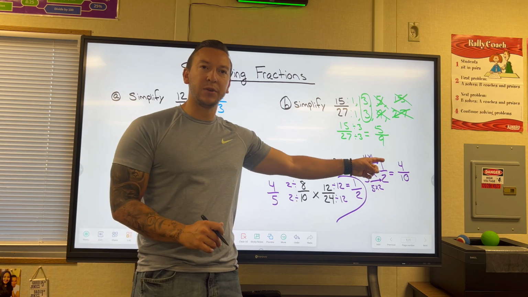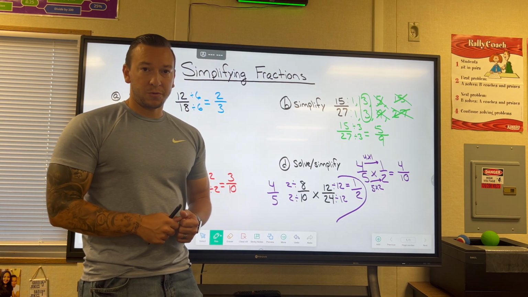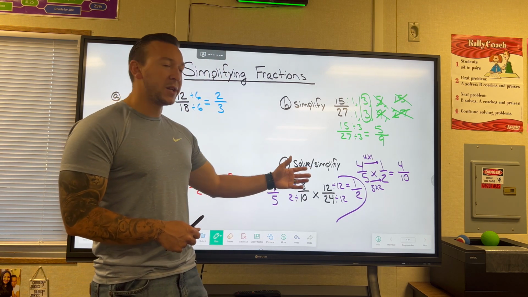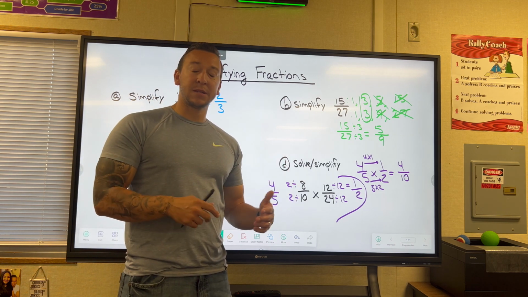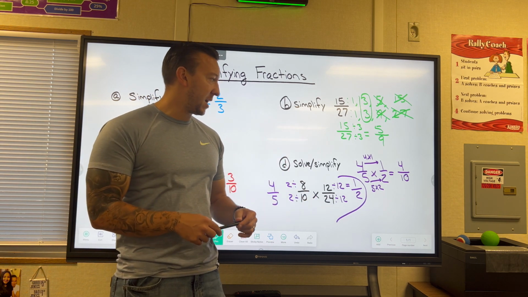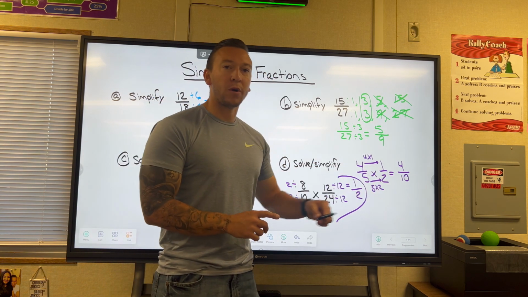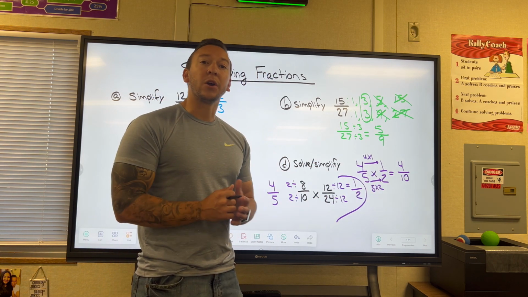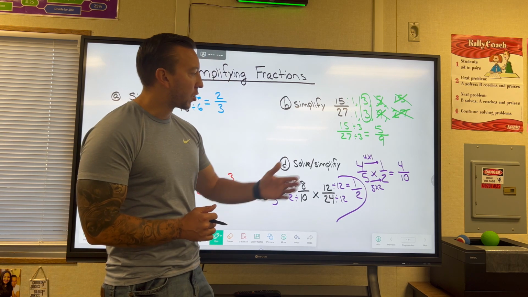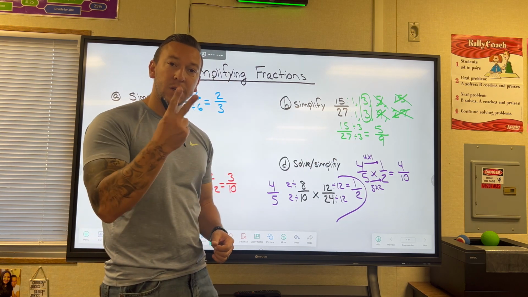Now, please understand, I've seen students tell me before, well, I simplified at the start, like you said, I don't have to do it again. Sometimes you do. Just because we already did one step one time doesn't mean it's done forever. You may have to do it again. So now we have 4 over 10. We find our greatest common factor. Our greatest common factor for 4/10 is 2.